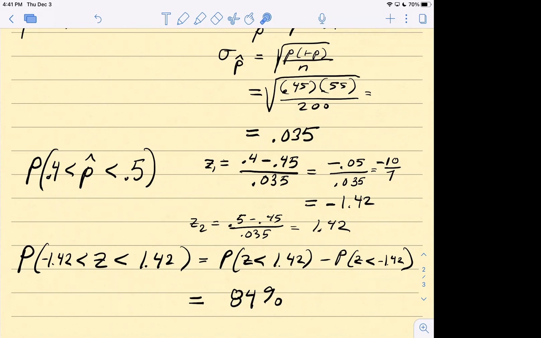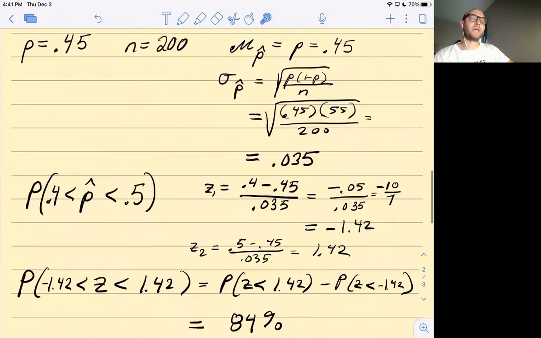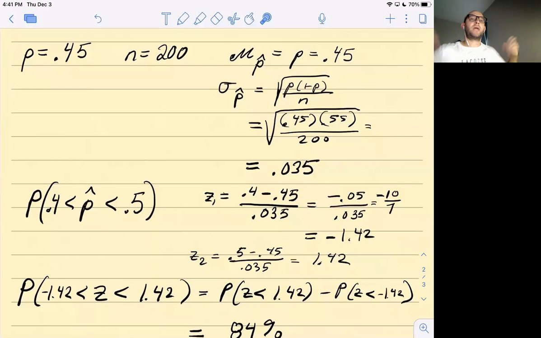So the formula where it's the square root of p times 1 minus p over n only applies if there are two options. Yes, that's where you're counting successes, or the proportion of successes, which means it's a random variable that says you get 1 point if the person says yes or succeeds, and 0 if there's a failure or they say no.